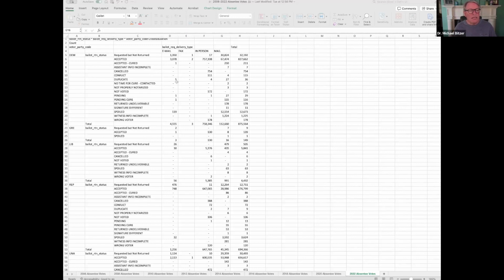Sometimes you will see this singular absentee in some years. I think that's just a coding issue at a particular county. I really haven't investigated as deeply as I probably should, but they are so few in numbers that what I did was basically lump those 10 absentee ballots into absentee by mail. It won't make any statistical difference.